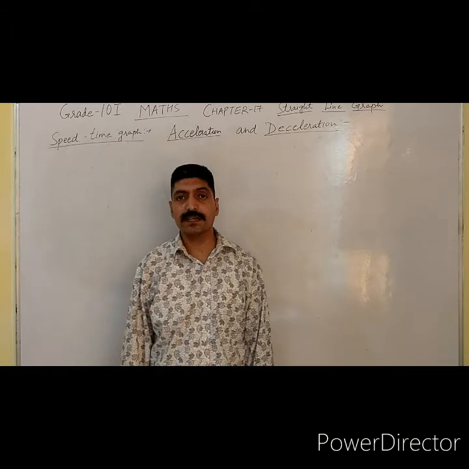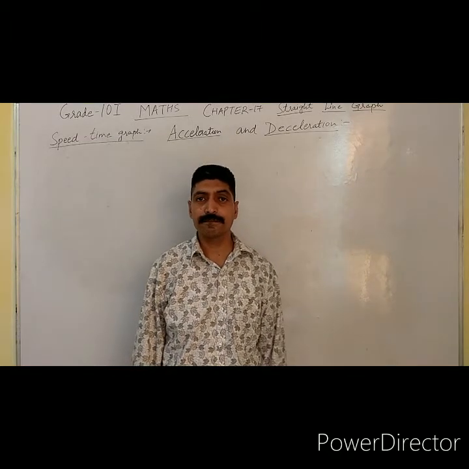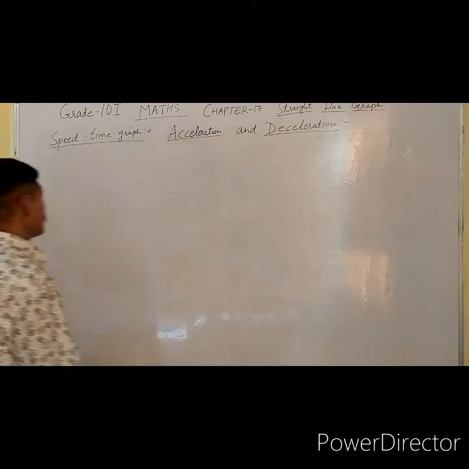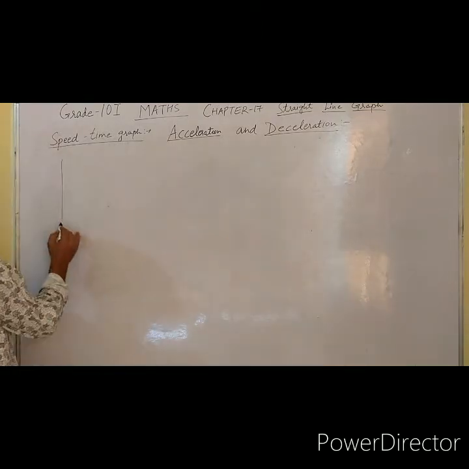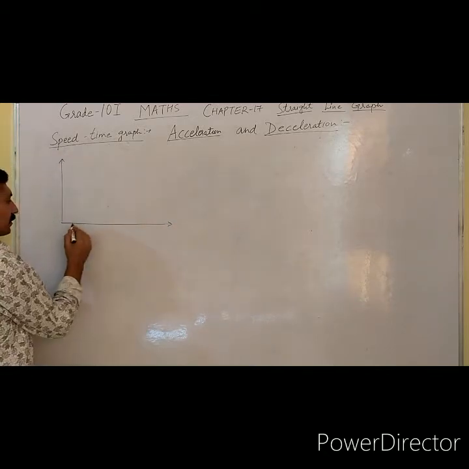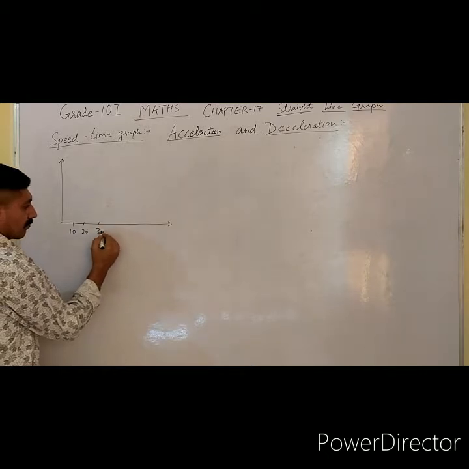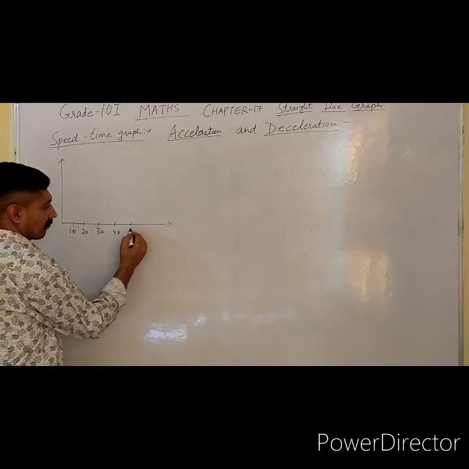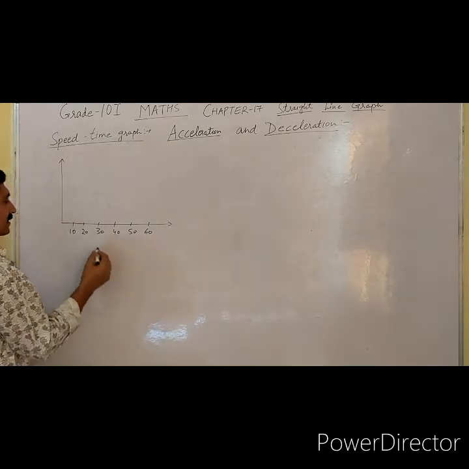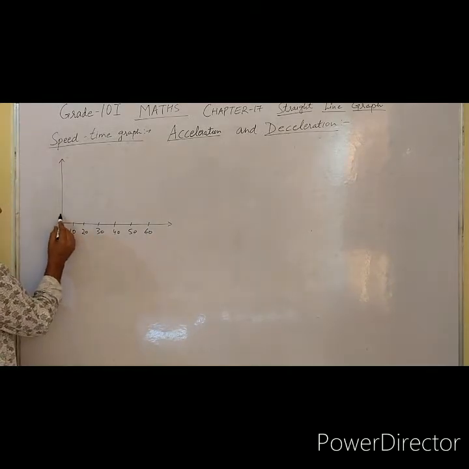We have the speed time graph, the acceleration and the deceleration. So in a speed time graph, let time be in seconds, and here the speed.